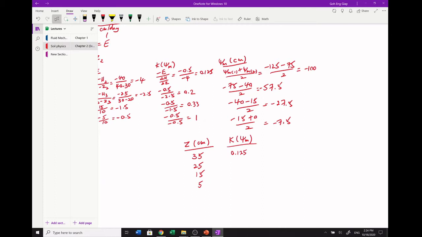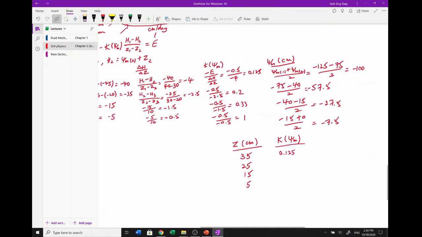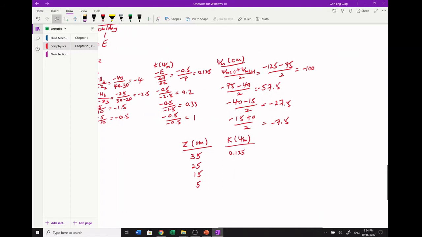The value is in centimeter per day, at a matric suction of negative 100 centimeter.